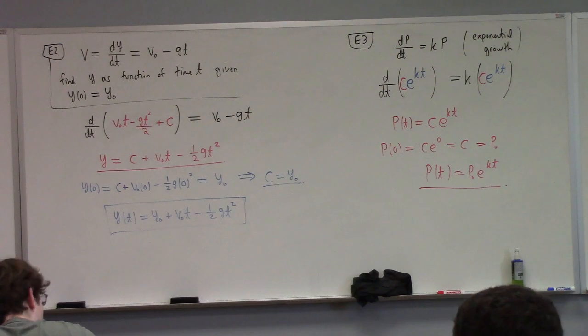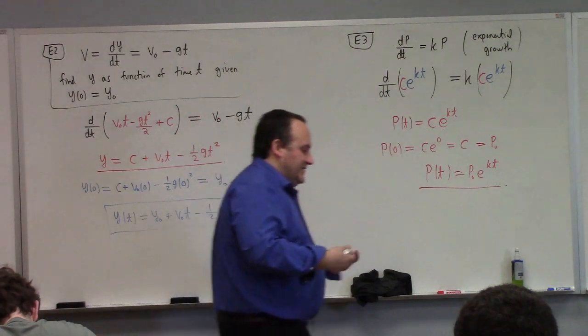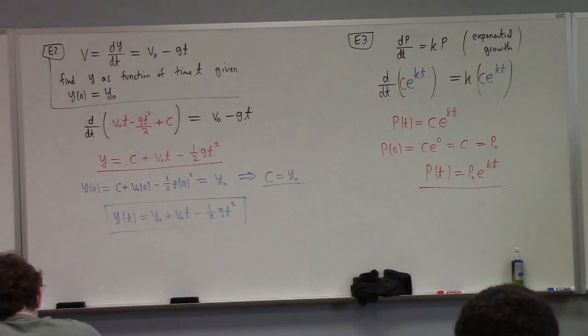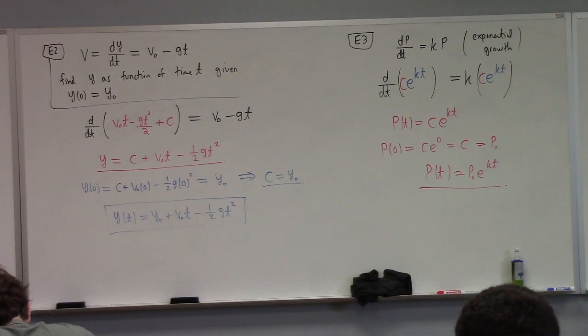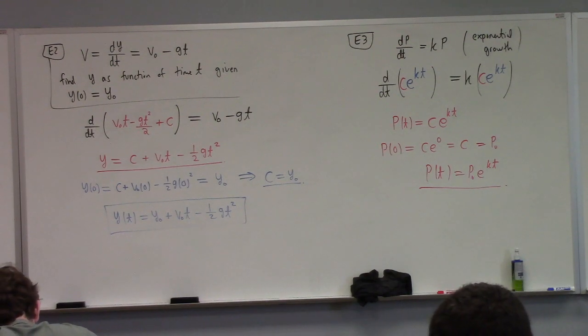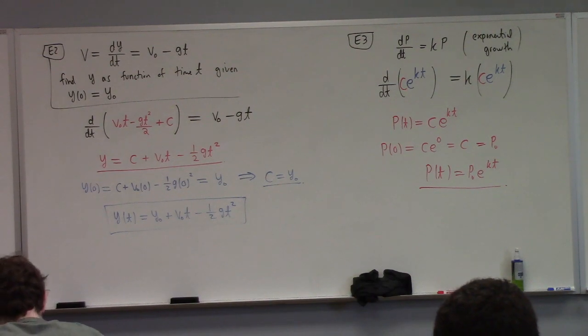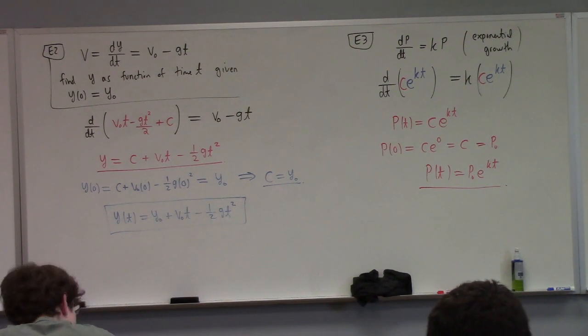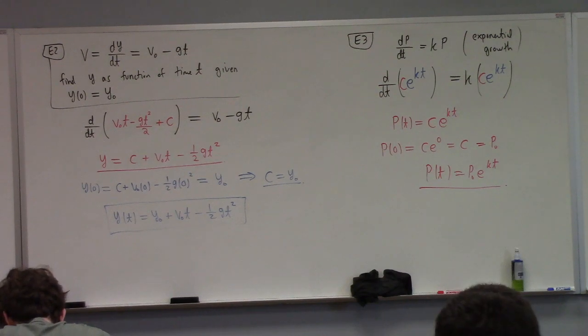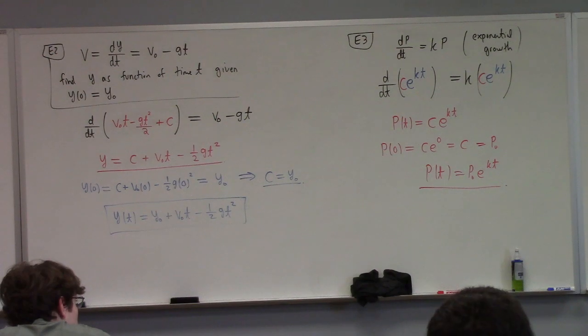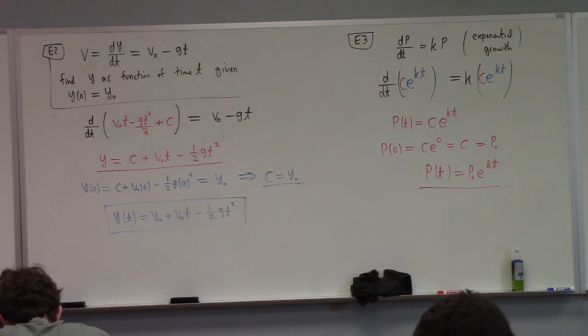So I should state a definition for us. Definition: if big F has dF/dx equal to little f, then big F is an antiderivative of little f.